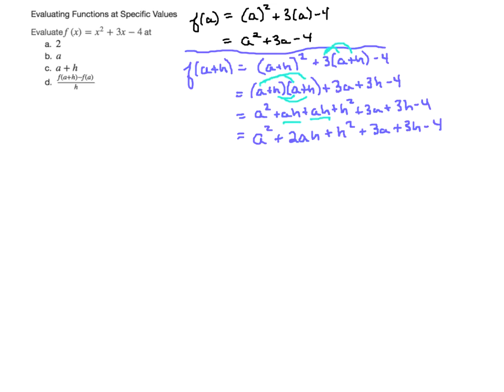Okay, so this is an extremely important concept. Well, it will be to you when you get into calculus. This right here is known as the difference quotient.